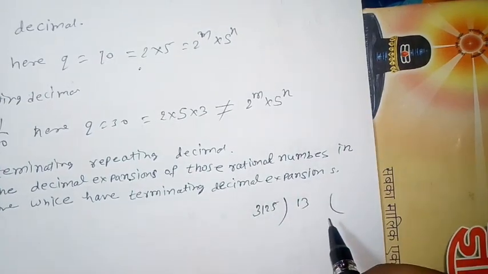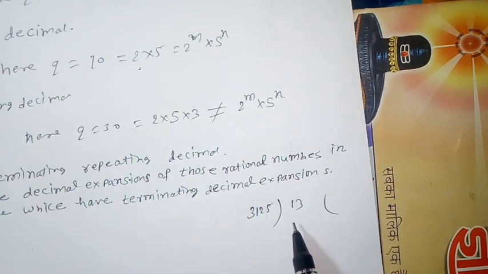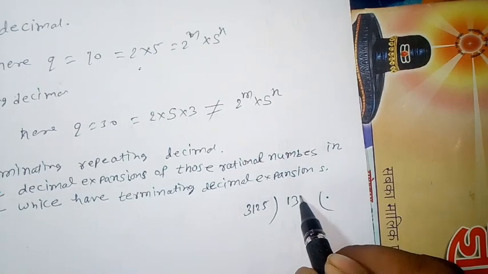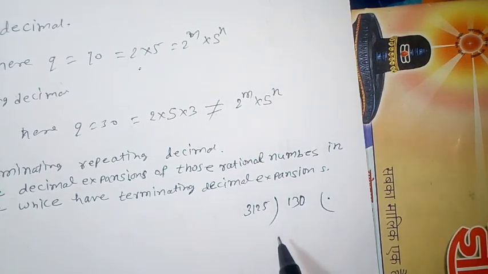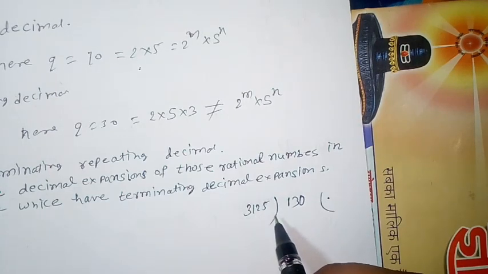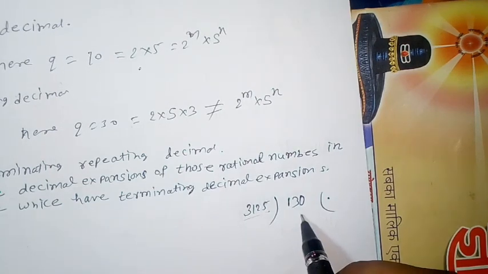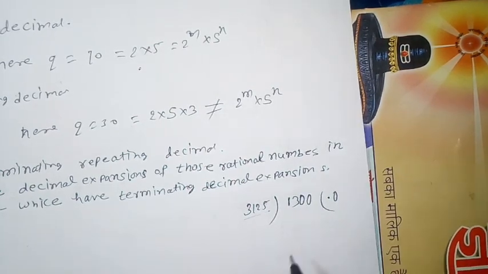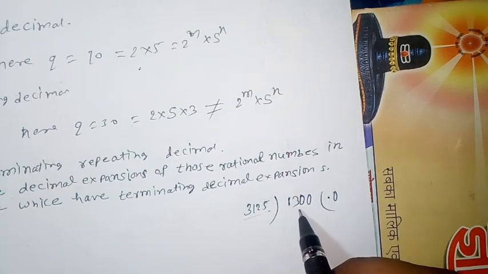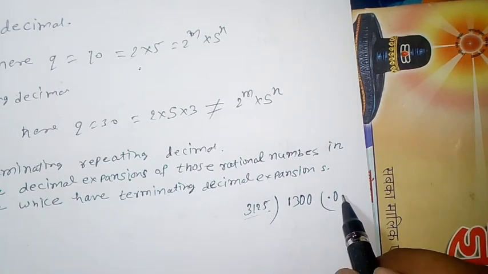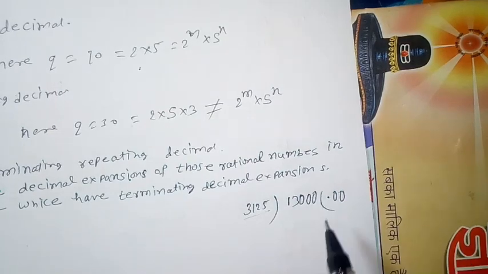Here 13, so I first put the decimal, then I get 130. This is less than 3125, so again I put 0, then I also put 0. Now this is also less than 3125, so again I put 0 here also.